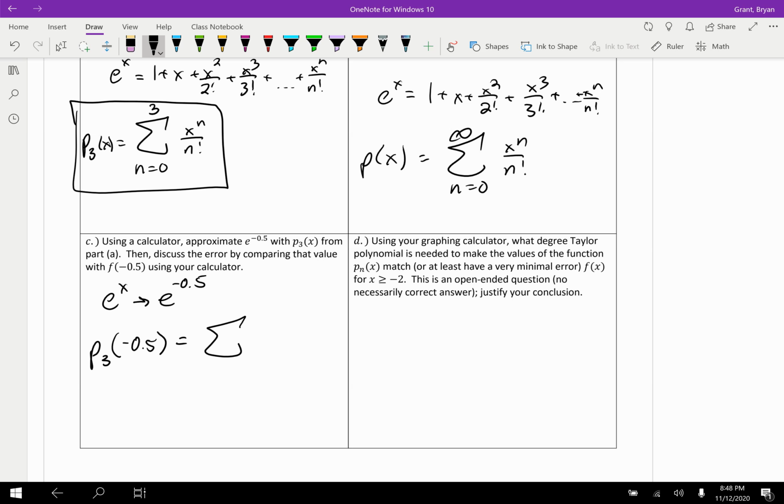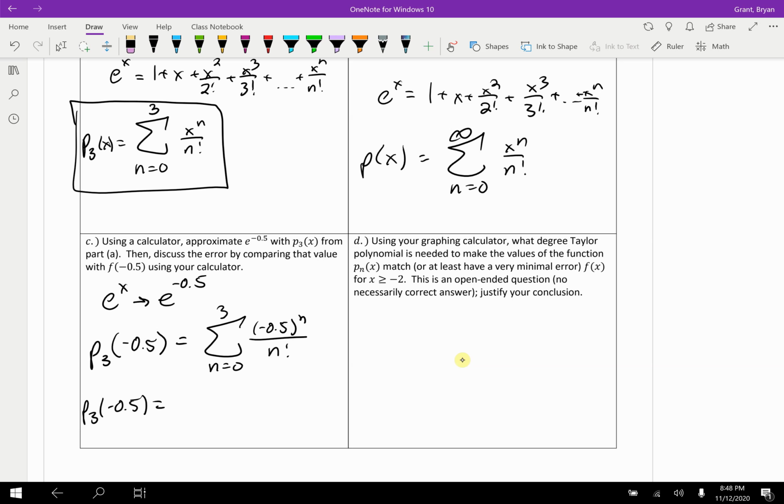We can first see it in summation notation: negative 0.5 to the n over n factorial. Or we can start writing this out if you would like as well, where we could say that the third degree polynomial becomes, and then we just follow the pattern.